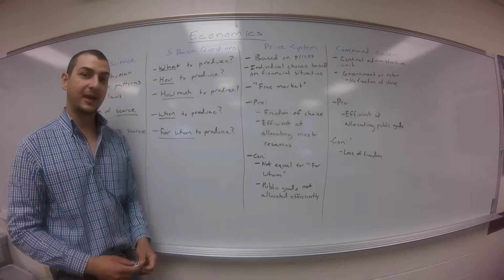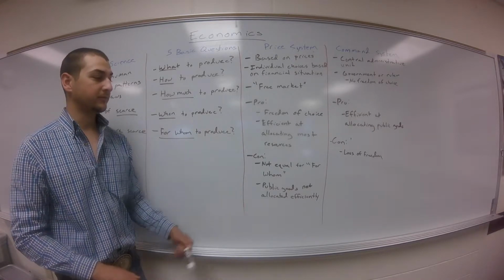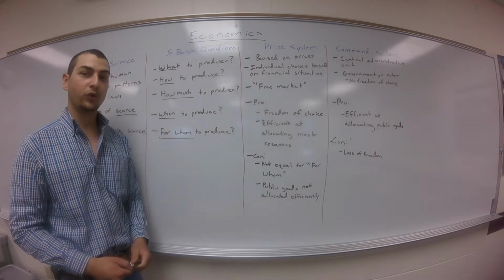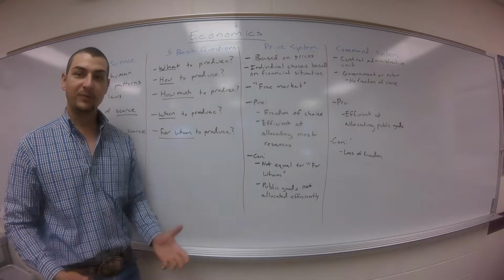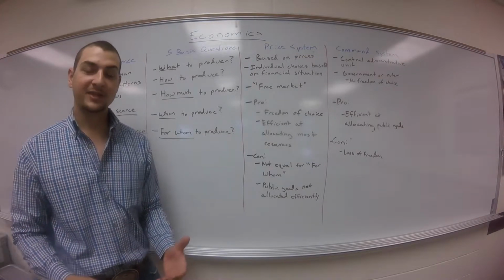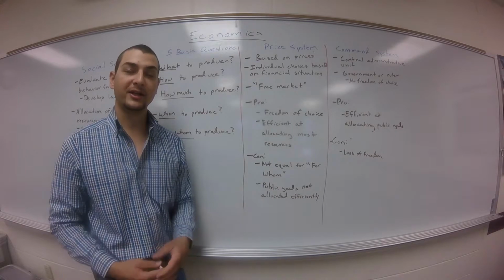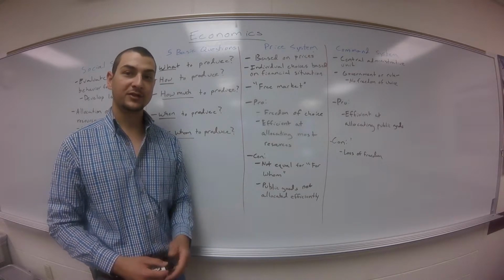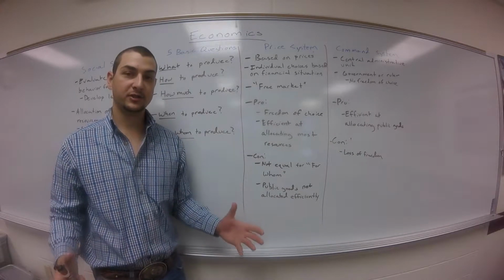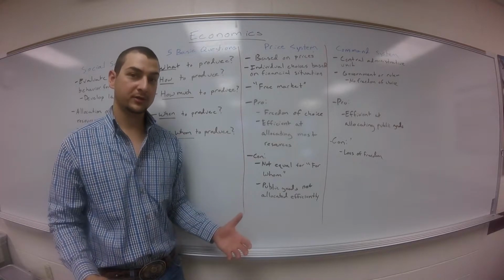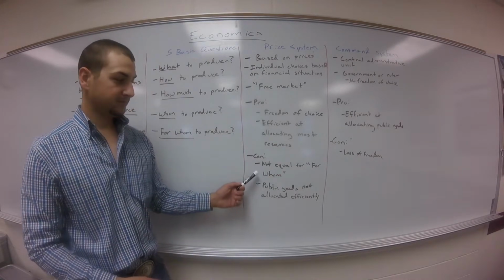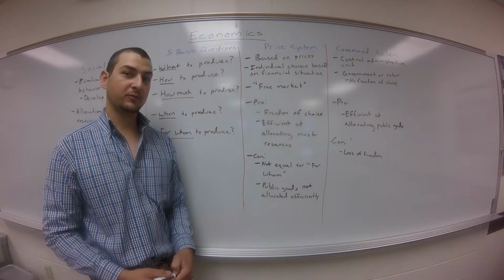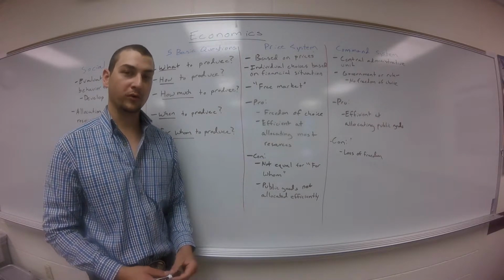But what's the downside of the price system? It's not equal in the for whom question. What I mean by that is not everybody has the same family budget, so not everybody can buy the same amount of stuff. So it's not very equal in distributing who gets what. This is where the term the rich get richer and the poor get poorer comes in.